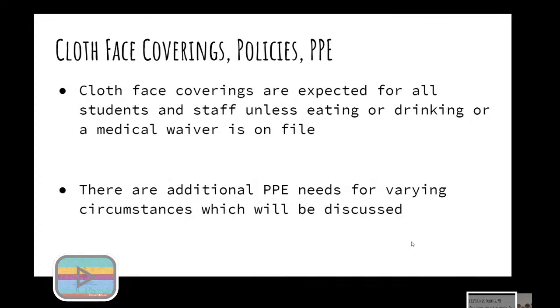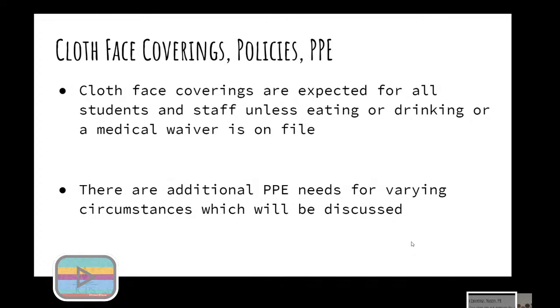And so in JCPS, all students and staff will be expected to wear a mask unless they're eating or drinking, or if there's a medical waiver on file. There will be people who have medical conditions that make it difficult to wear a mask.